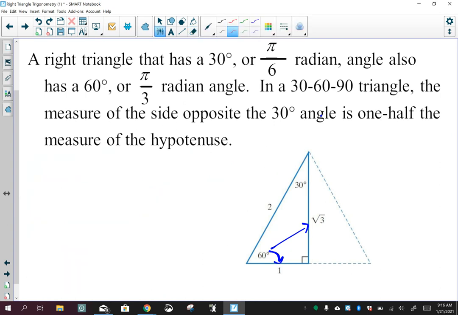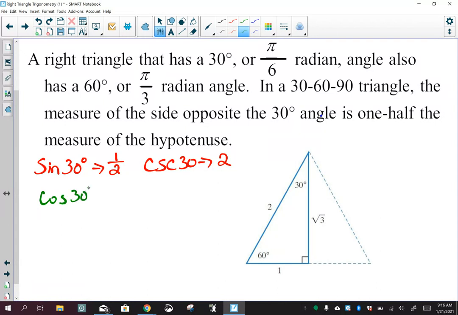So then if I've got sine of 30 degrees, that's going to give me 1 over 2, which means my cosecant of 30 degrees will be 2.